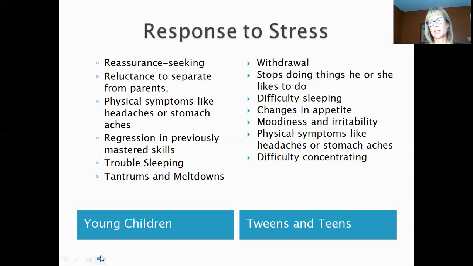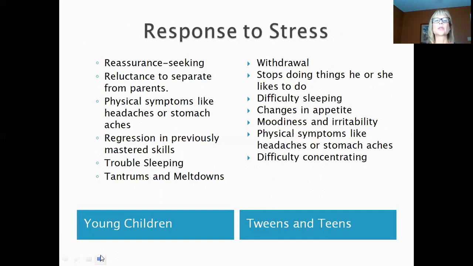Just like our younger kids and us as adults, physical symptoms are also pretty common, including tension in the shoulders, headaches, stomach aches, and difficulty concentrating. And so the main point here is that with the younger kids, you're going to see more of the behavioral responses and wonder, what's going on with this kid? They're not being naughty.